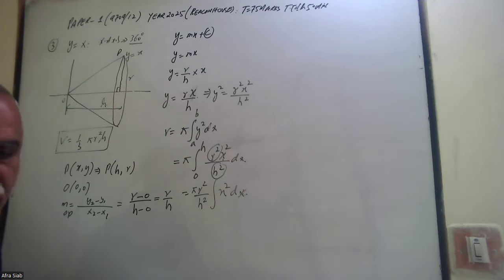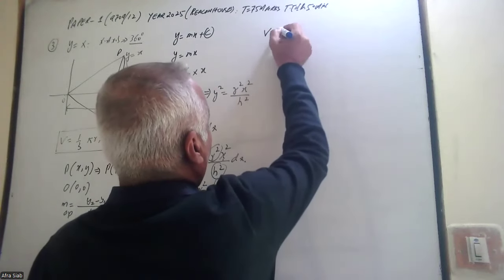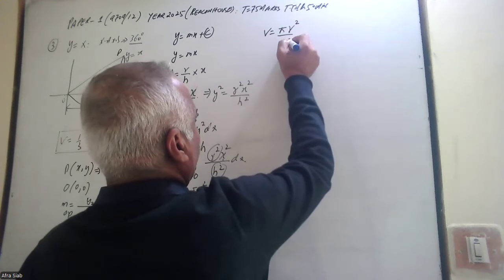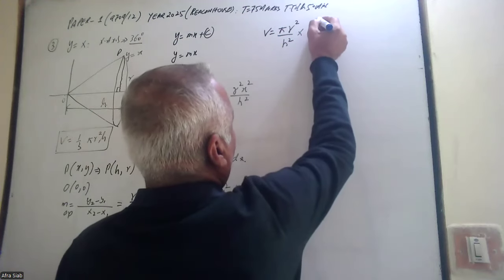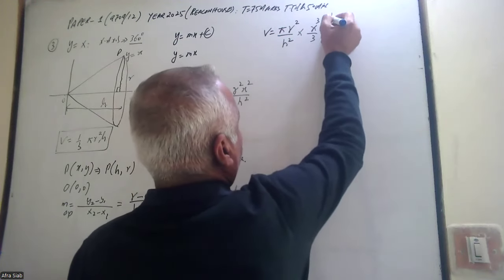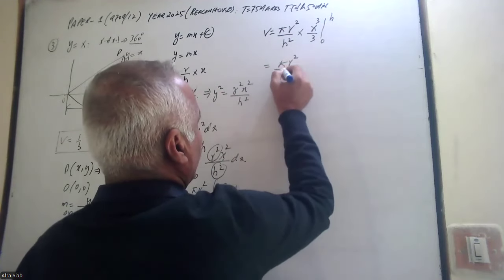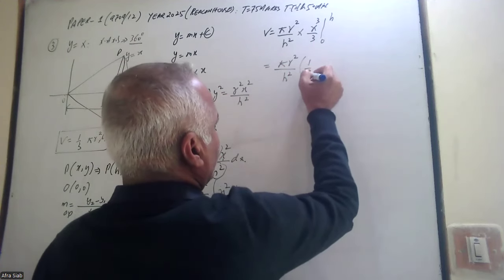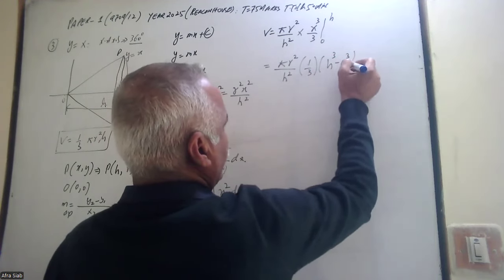So volume will be equal to pi r square over h square into the integration of x square dx, which is x cube over 3, with limits 0 to h. So that is equal to pi r square over h square into 1 over 3 into h cube minus 0 cube.